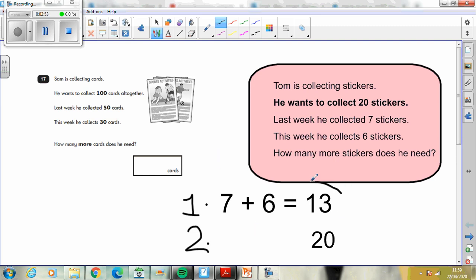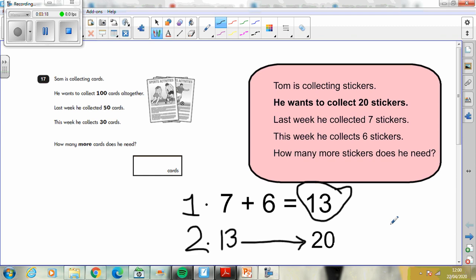So I know that Tom's got 13, and I know he wants to get to 20. So my next step is, so 13 up to 20. Okay, how many more would that be?